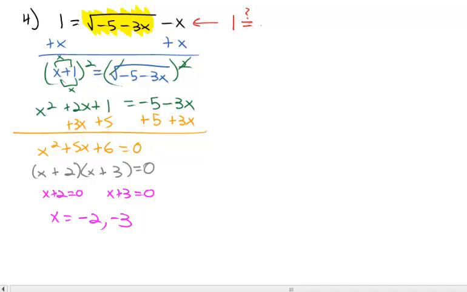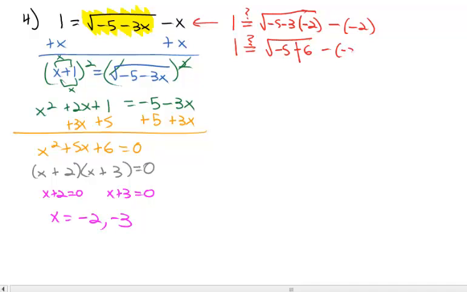So we hope that 1 is equal to the square root of negative 5 minus 3 times, the first answer was negative 2, minus x, which we're saying is negative 2. So we hope the square root of negative 5, negative 3 times negative 2 is positive 6, minus the negative 2. And actually, I'm going to say add the opposite.